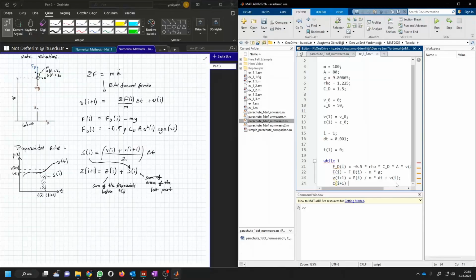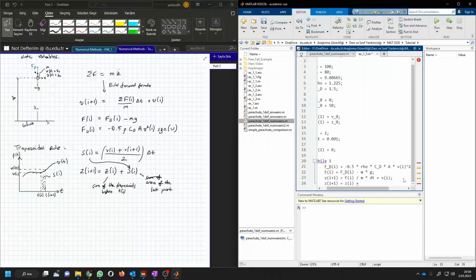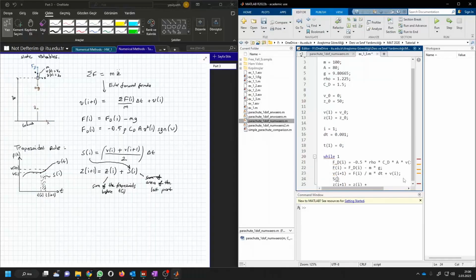Zi plus 1 will be equal to Zi plus, let's formulate this like this, Si. Calculate Si first.